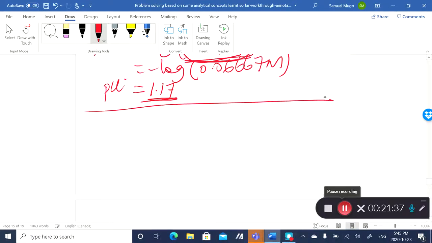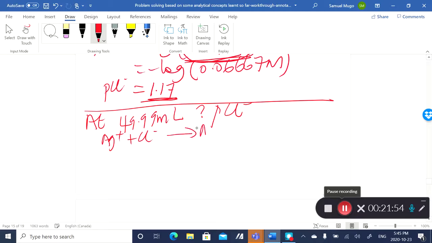So just confirm, because the next question is at 49.99 ml, what's the pCl? And again, it's the same thing, the silver plus, and I know I'm being repetitive here.